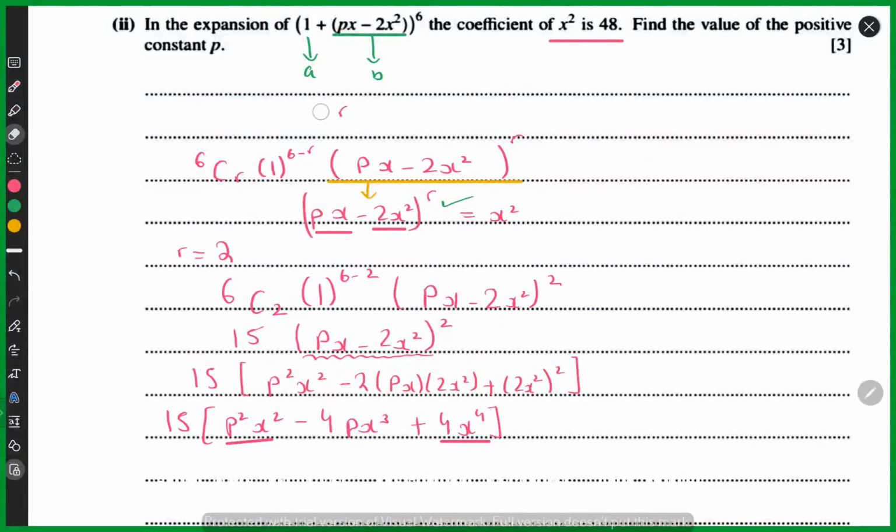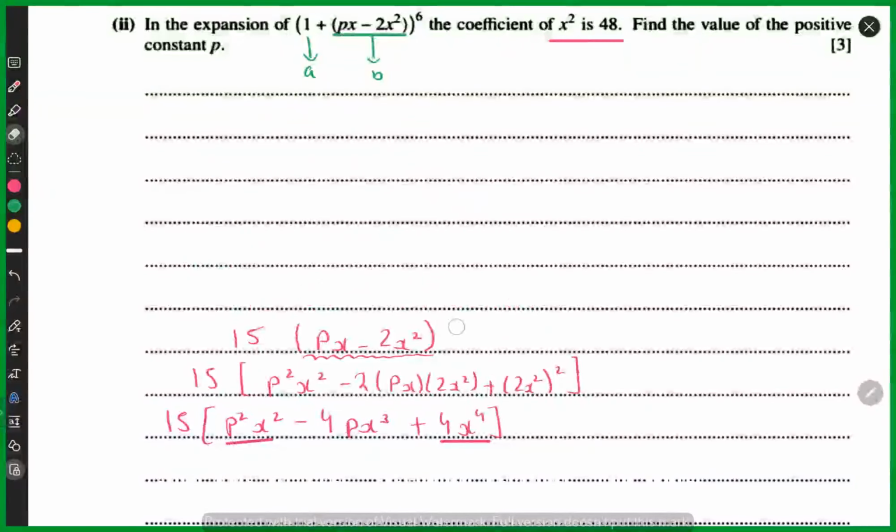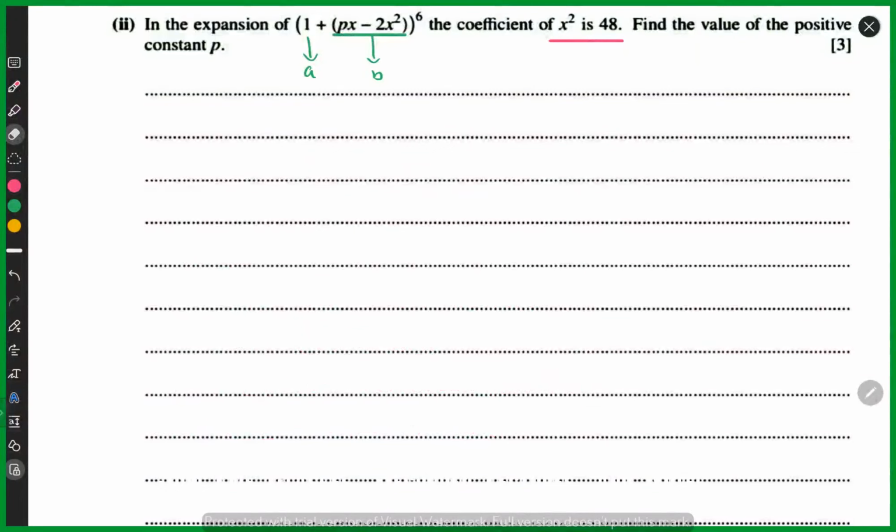This was the term with x squared. What they have done is they have expanded the entire thing with r equals 0, r equals 1, r equals 2, and then they have cancelled terms in between. This is what they have done. Okay. The first term is going to be 1.